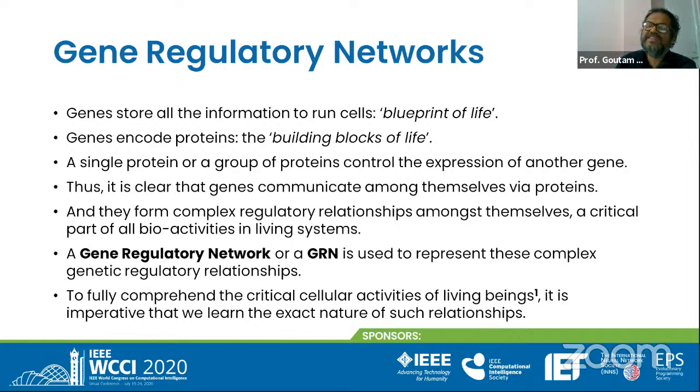The protein produced by that gene does the same thing for gene number 3. In this way, a network is formed. One is influencing another, the second is influencing the third, which is influencing the 10th, the 100th, like that. A network is formed. This is called a gene regulatory network.